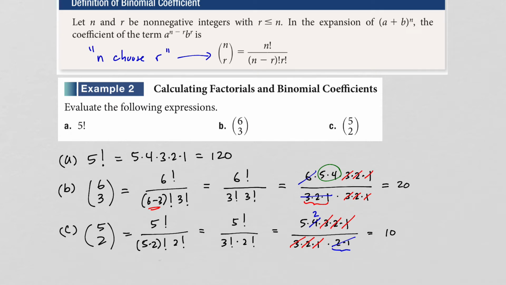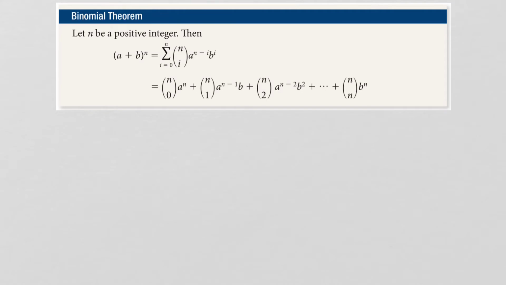Well, it turns out that these kinds of computations are exactly how you figure out those binomial coefficients in the binomial theorem. Let's talk about the binomial theorem. So I know this is going to appear to be kind of complicated, but it's not too bad once you get used to it.